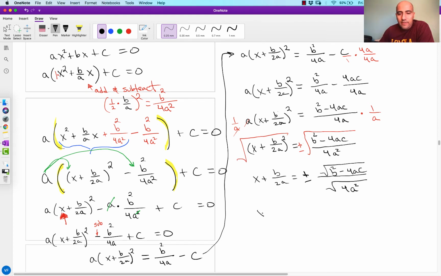Good, so let's copy that. This is x plus b over 2a is equal to plus or minus the square root of b squared minus 4ac all over 2a. Now I move this, oops, why is there a plus or minus? It's just a minus.